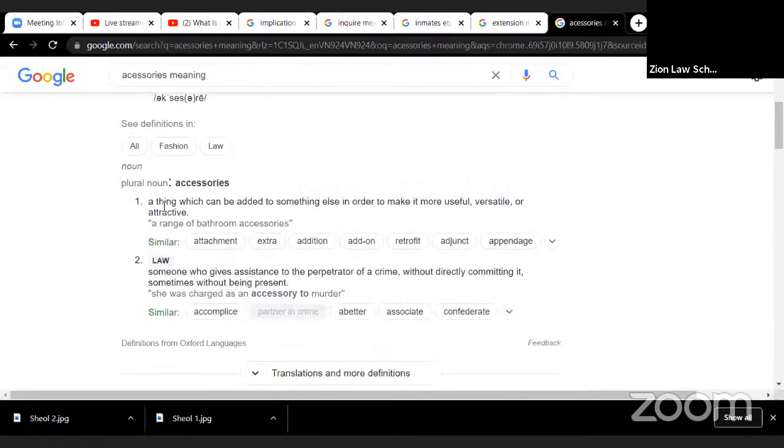Okay, plural noun, a thing which can be added to something else in order to make it more useful, versatile, or attractive. So hell can be extended, right? That's what it's saying. Two, law, someone who gives assistance to the perpetrator of a crime without directly committing it, sometimes without being present.